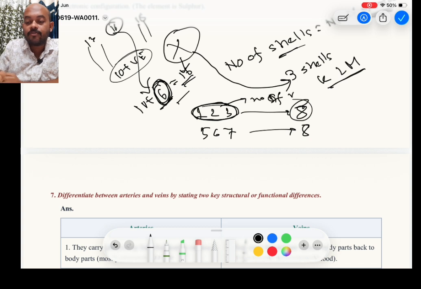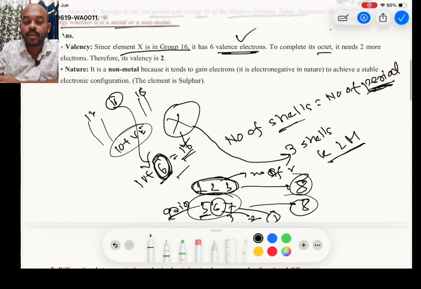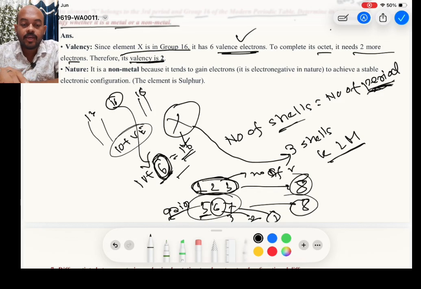But here we will see how much it requires, because it will gain. How much it requires to fulfill its octet. 5 requires 3, 6 requires 2 and 7 requires 1. As we are talking about 6, definitely it will require 2 more electrons. Therefore its valency definitely will be 2.